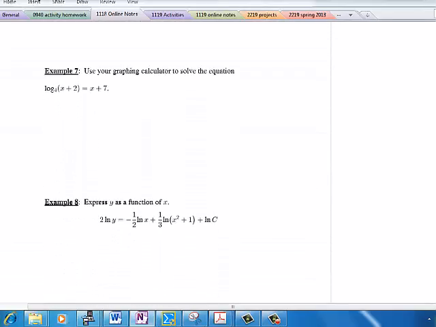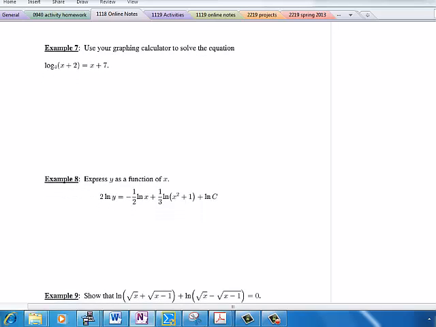All right, so then we've got an example where we want to solve an equation using our graphing calculator, but one side of the equation has the log base 4 of x plus 2, and at least on my calculator, there's not a way to punch in log base 4 of something. So I want to do something like y1 equals log base 10 of x plus 2 divided by log base 10 of 4.